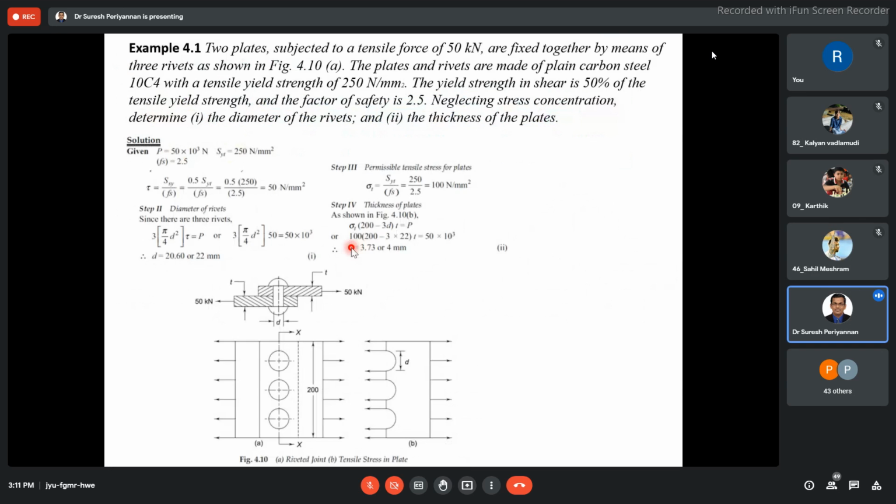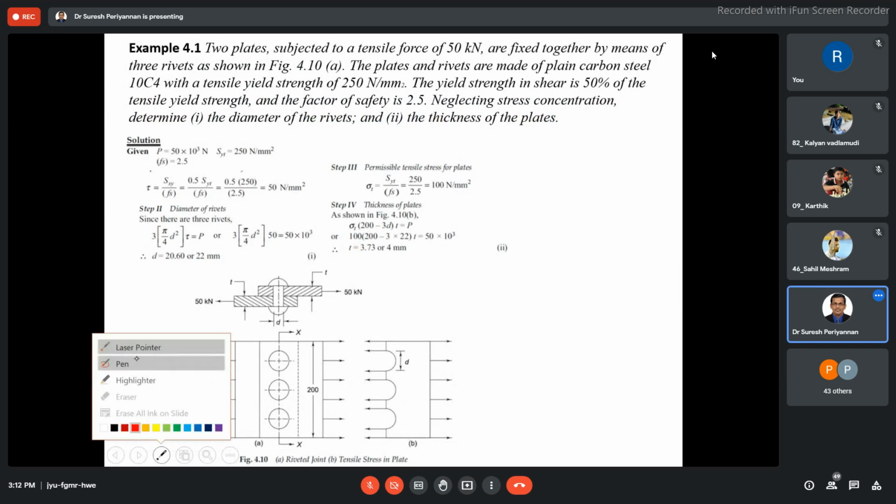See the first problem. Two plates subjected to a tensile force of 50 kilonewton are fixed together by means of 3 rivets. Here we are using 3 rivets to hold the 2 plates as shown in the figure.